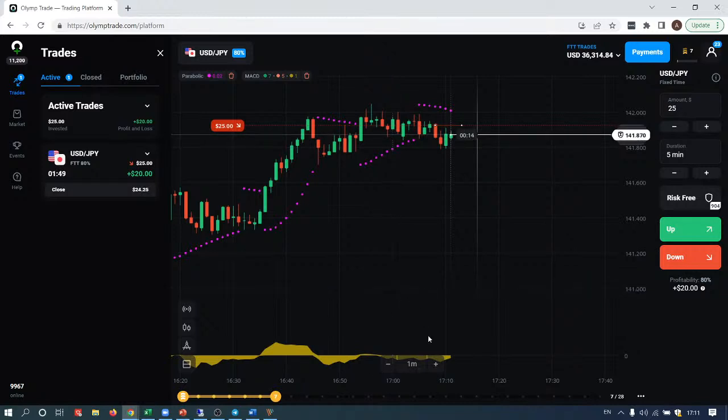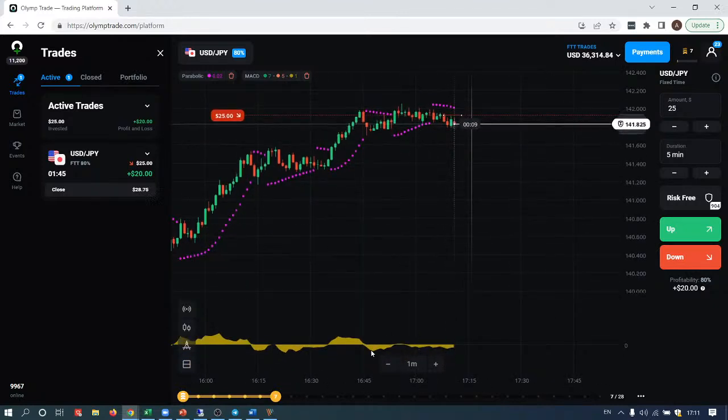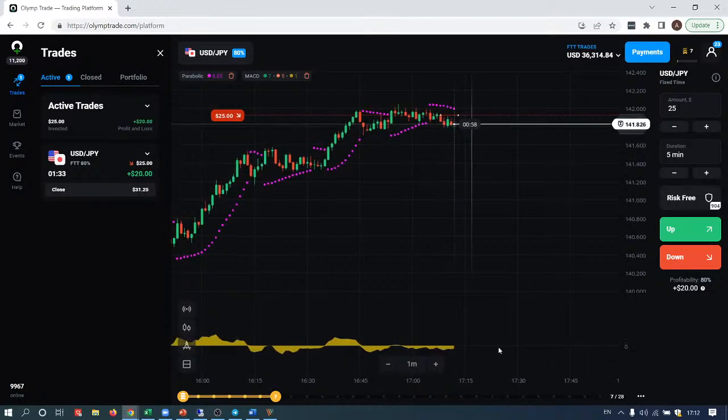In this webinar, I will just briefly mention that whenever this area is under the zero line, so we only have one line here, very simple, that means sell. When the area is above the middle line, that is a buy signal. So buy when we are above, sell when we are under.